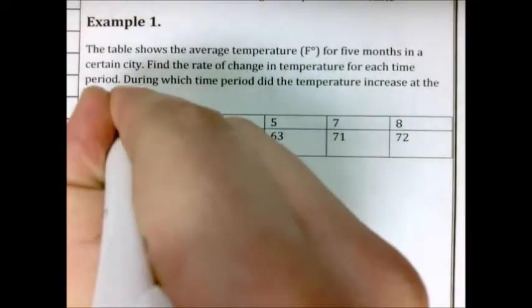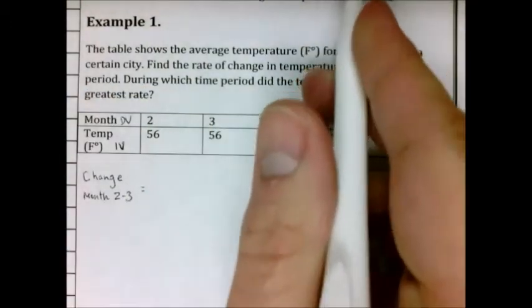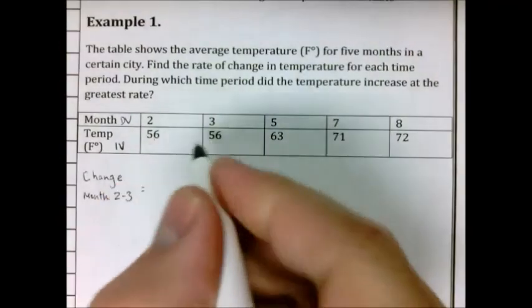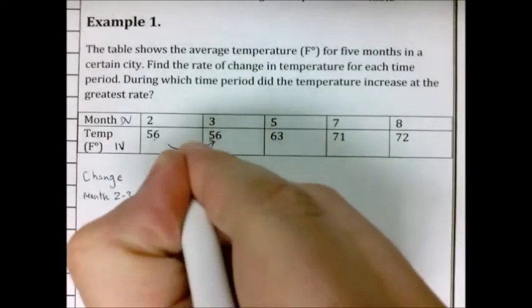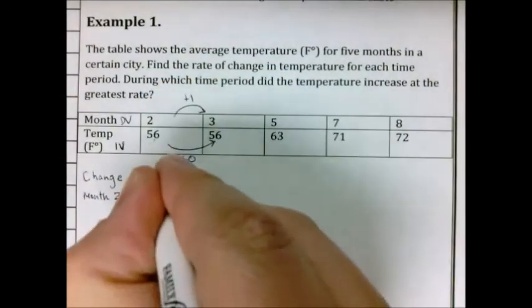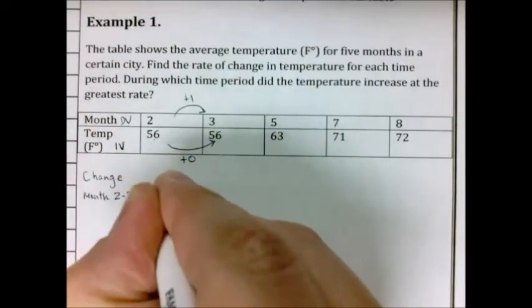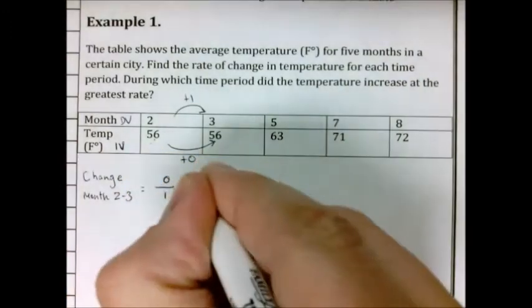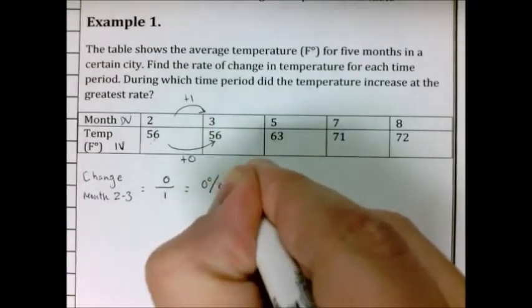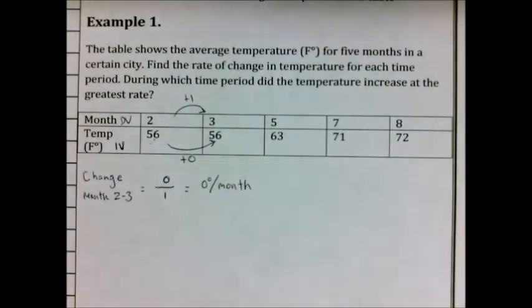And this is the dependent variable. So the change in the independent variable is from 56 to 56, we're adding nothing. From 2 to 3, we're adding 1. So this is a 0 over 1, or what that really means is 0 degrees per month. The rate of change is 0 degrees per month.